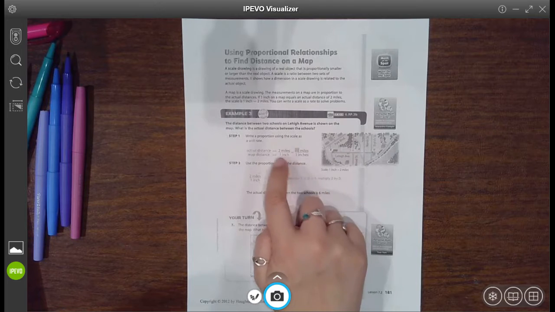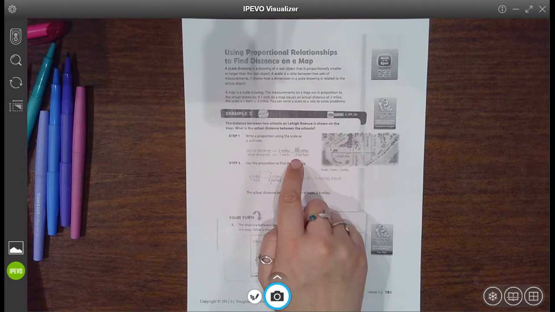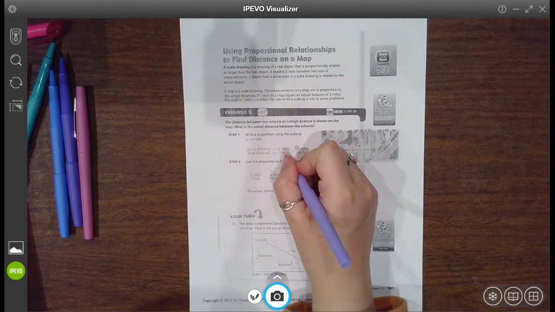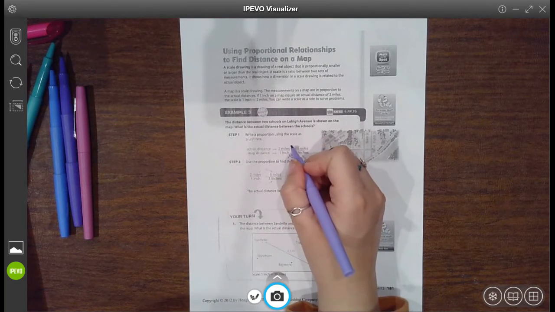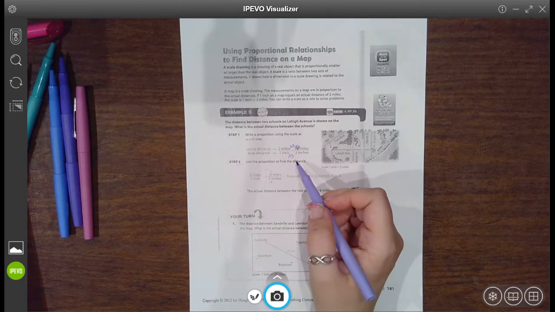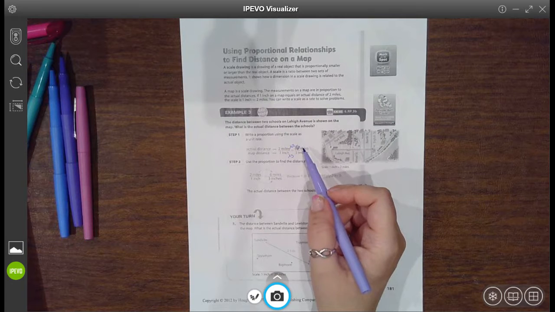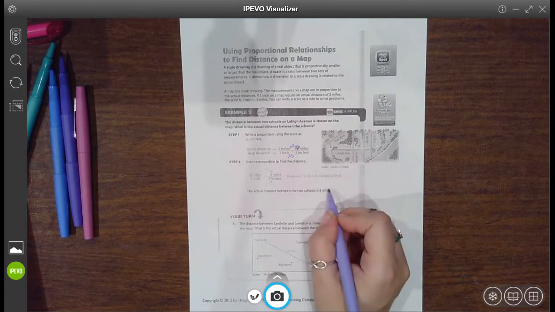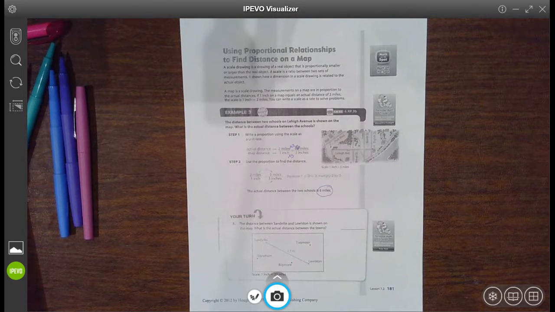We'll always go towards your unknown. So 1 times what gave me that 3? Well, 1 times 3 gave me that 3. So then do 2 times 3, and that is 6. So if it's 3 inches on the map, that means it's actually 6 miles in real life. So these two schools are 6 miles apart.